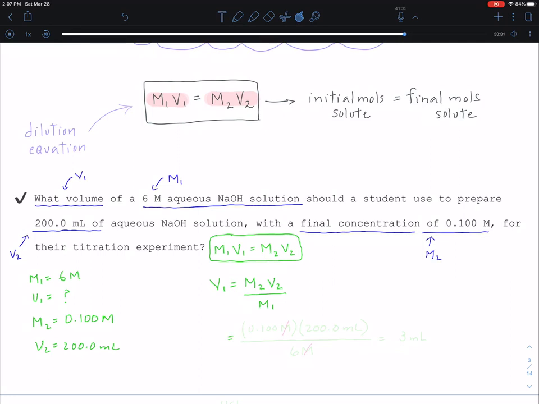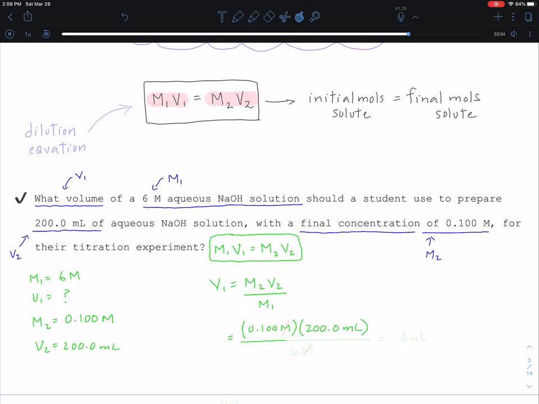And then I'm going to fill in my data. I see that my final molarity, or M2, is 0.100 molar. My final volume, V2, is 200.0 milliliters.